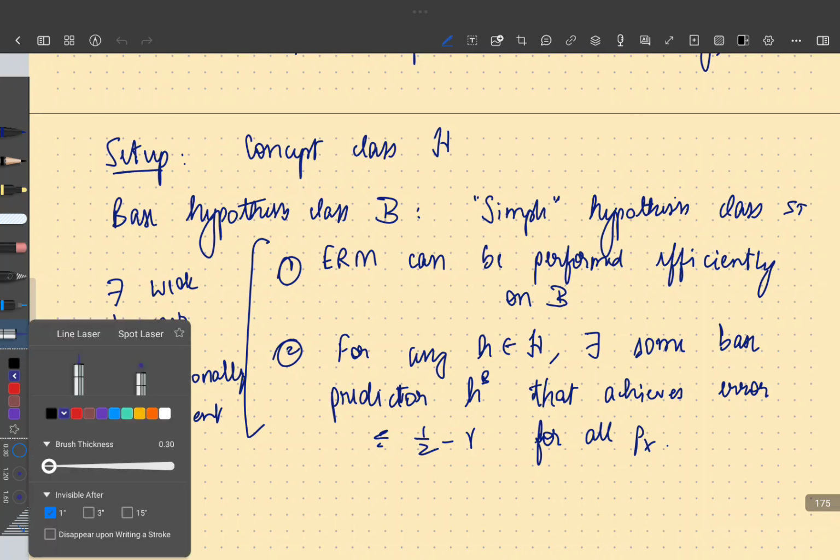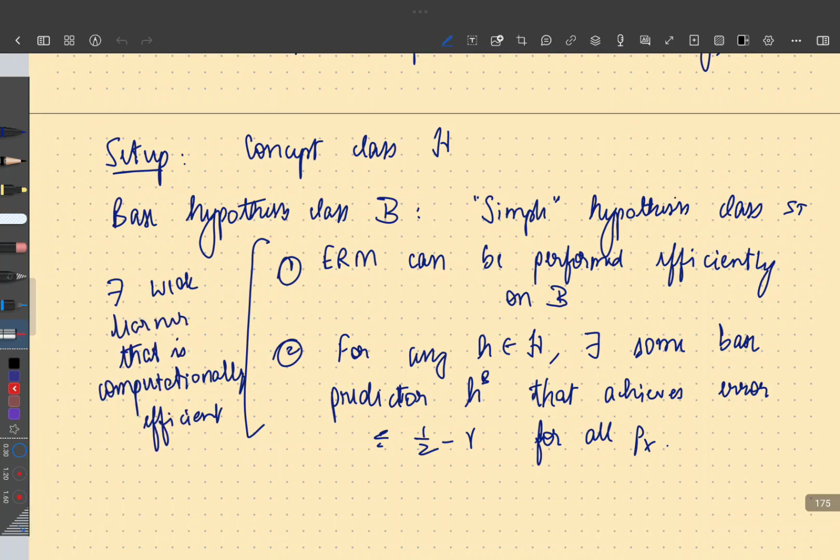So for every concept in H, there exists some base predictor HB which achieves a probability of error of less than half minus gamma, irrespective of what the true ground truth distribution is, and irrespective of what H is. All right, there's some constant gamma such that this can be achieved. And since there exists one such HB, the hope is that your ERM is going to find that particular HB.